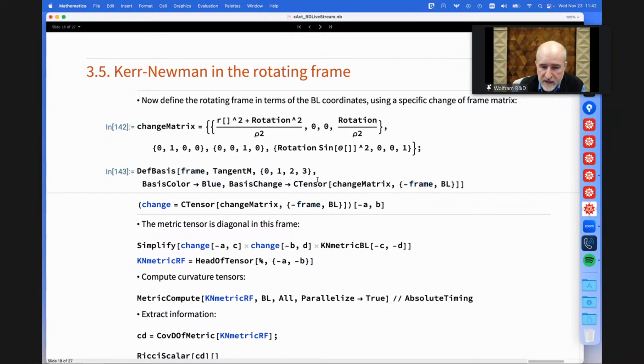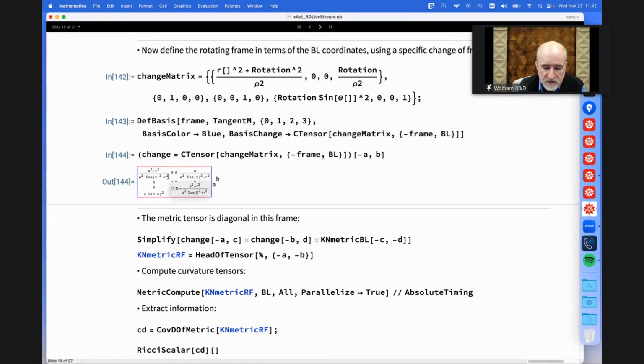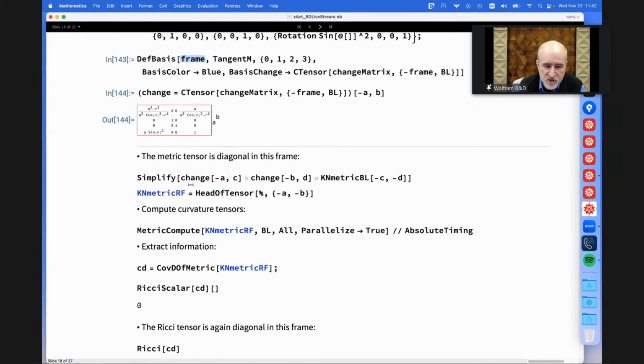And we specify with this notation that the change from this frame to the other frame is this matrix. So now if you typeset the change, notice how it has two colors. That's because this first index, the A, is related to the blue basis, so frame. The second index is related to the other basis, right? It's a change of basis, so it needs to know about both bases to perform the change.